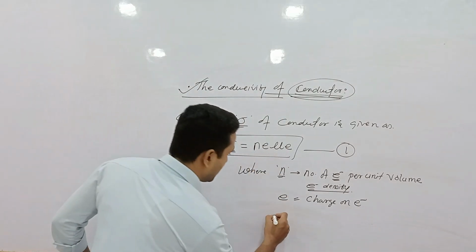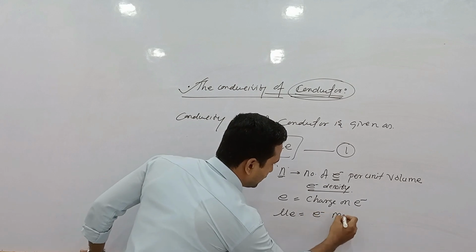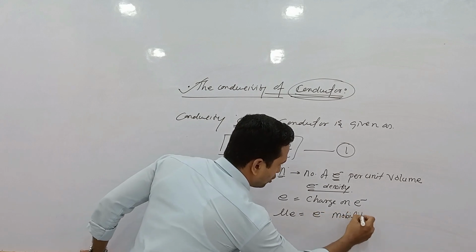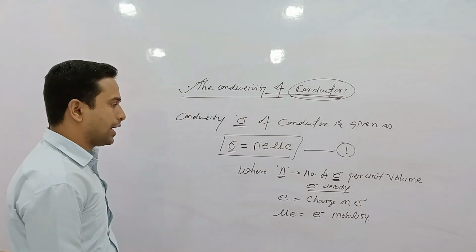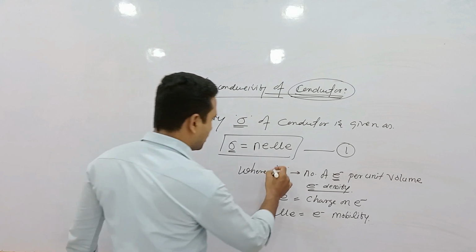And mu e is the electron mobility, और इसको कहते हैं mobility of electron. Right? So these are the three notations.